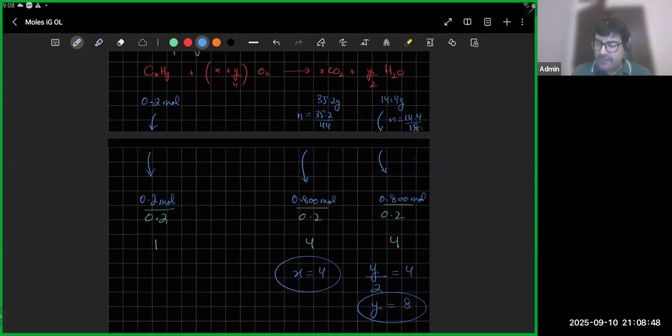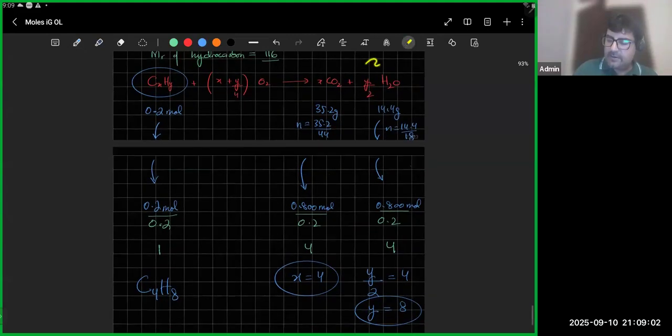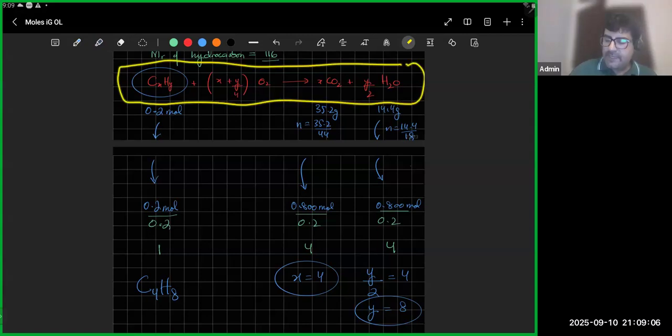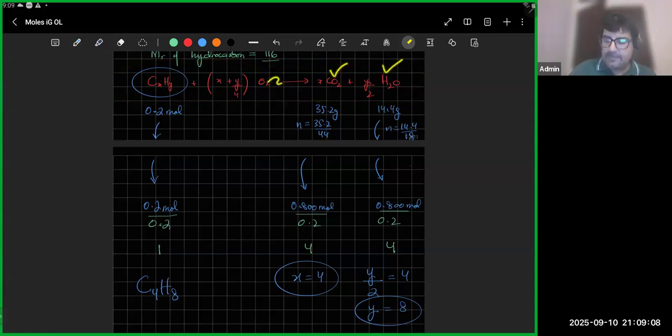So I finally figured out what my hydrocarbon is. This CXHY, I figured this out. The formula of the hydrocarbon is C4H8. So is this idea clear, why do we use this equation? We use this equation if they give us information about different quantities of reactants and products.